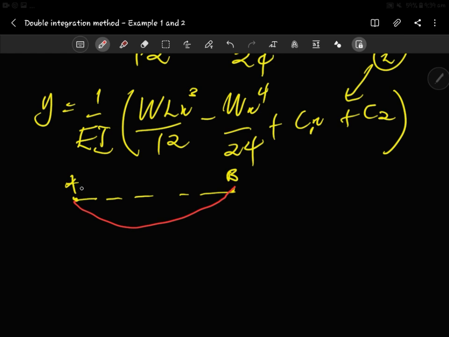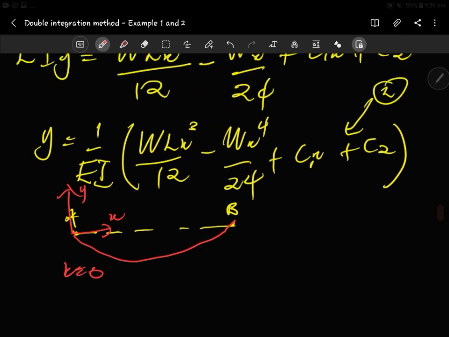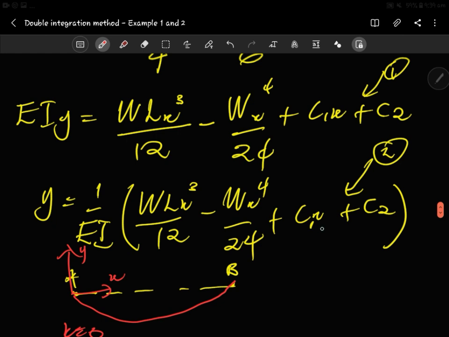At point A, because our coordinate system is this way, here's y and here's x, at A we have x equal to 0. We are trying to find the constants, so the only things that change here are x and y. So we have to find a condition for x and y.